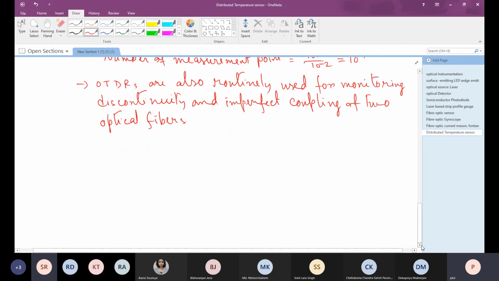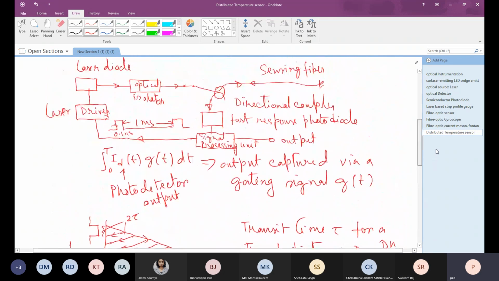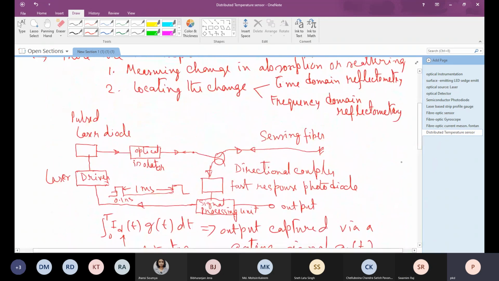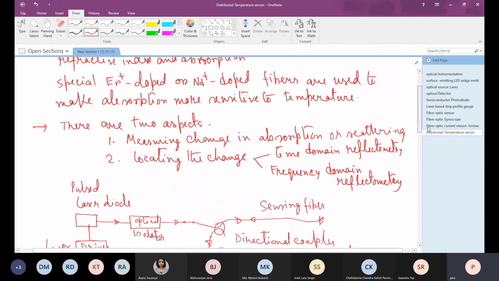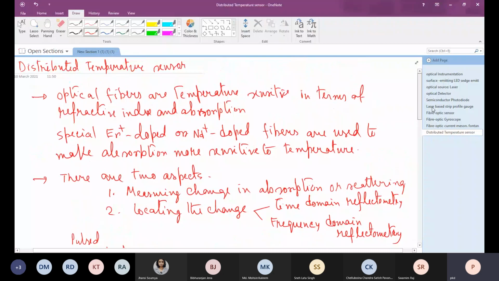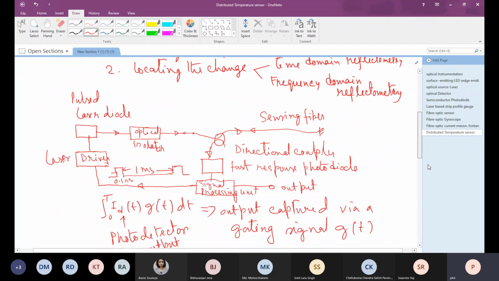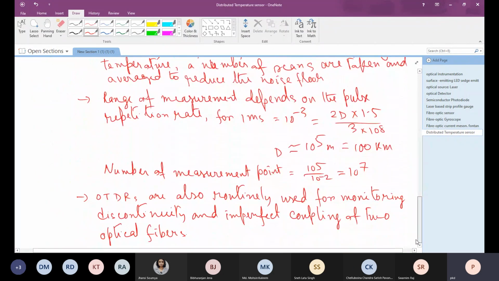Sir, what is OTDR? OTDR is optical time domain reflectometer. Where have I written it? I have written it somewhere. Okay, here I have written.